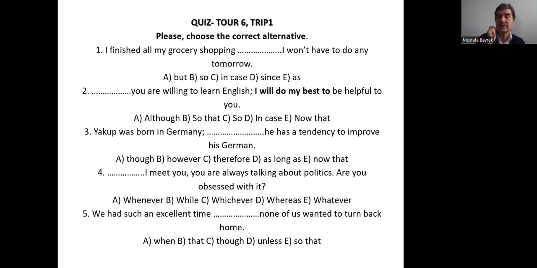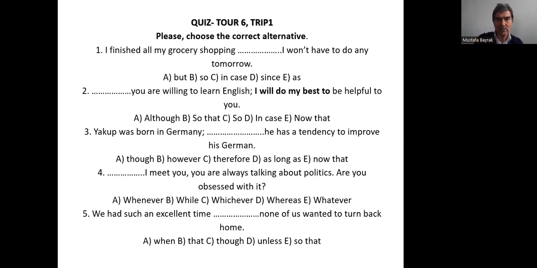We will study group conjunctions completely, entirely in advanced level. Yes, we will study them in detail. Okay.